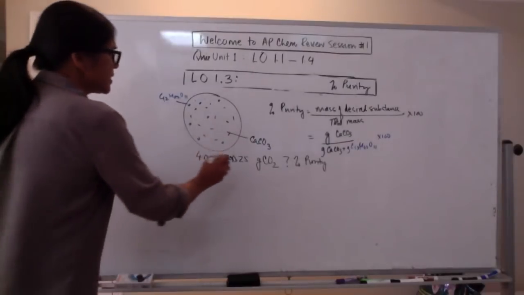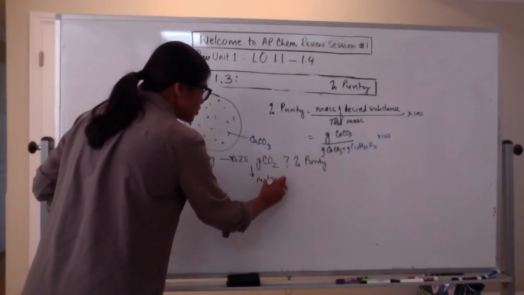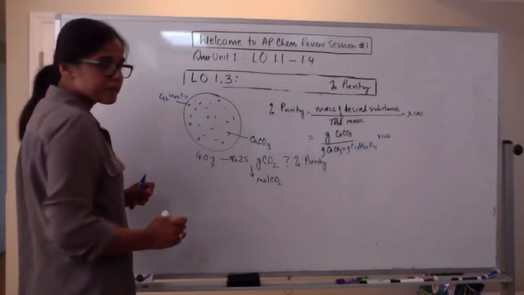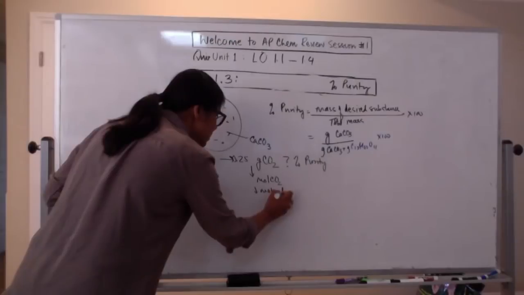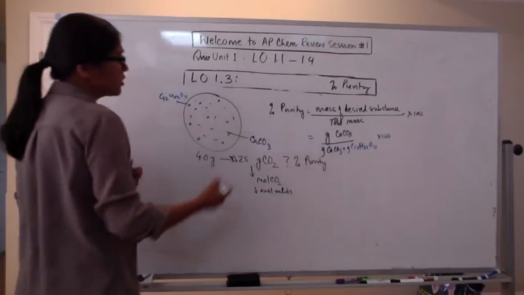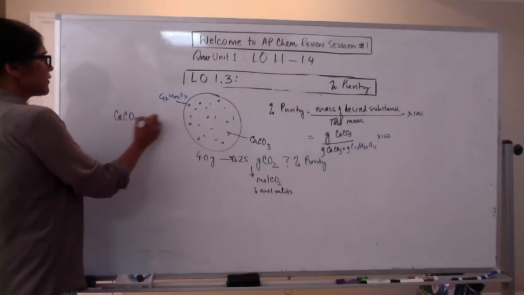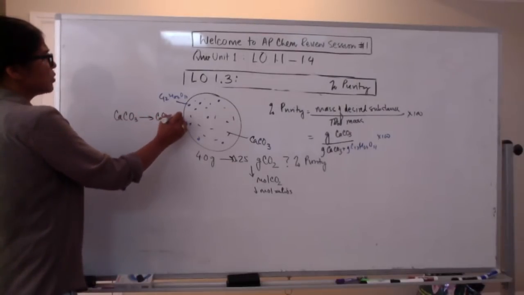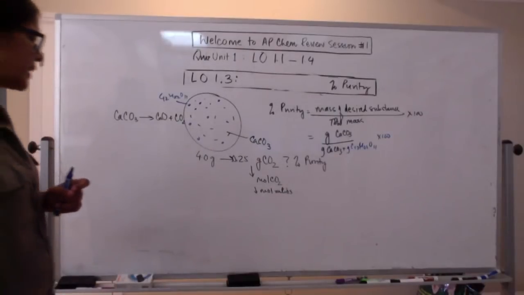If a problem gives you something like that, your thinking is you take grams of CO2, convert it to moles of CO2, and then using mole ratios, they will have to give you the equation because you don't know them yet. You will know it eventually. 1 mole of calcium carbonate makes 1 mole of calcium oxide and 1 mole of carbon dioxide.